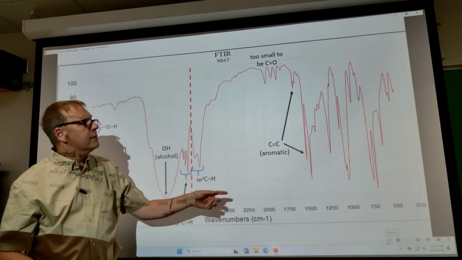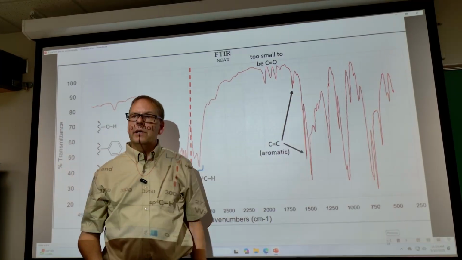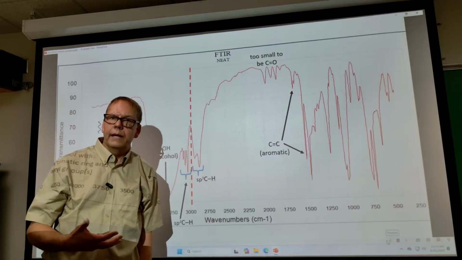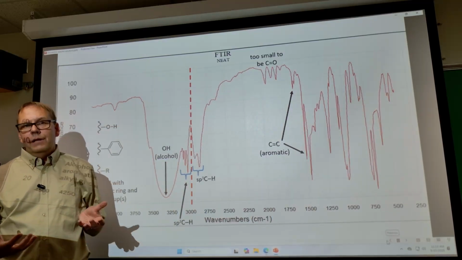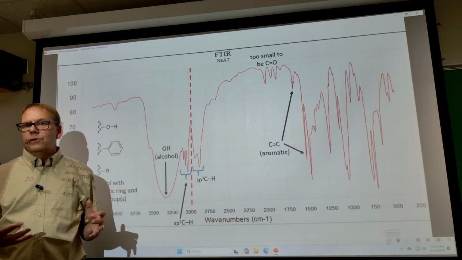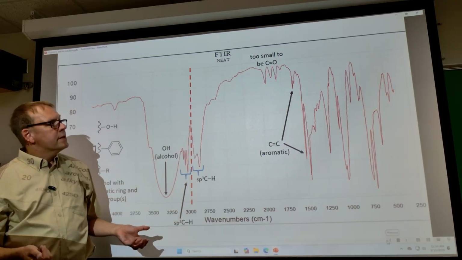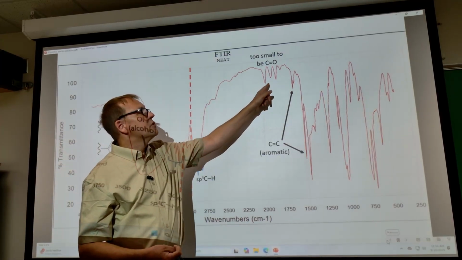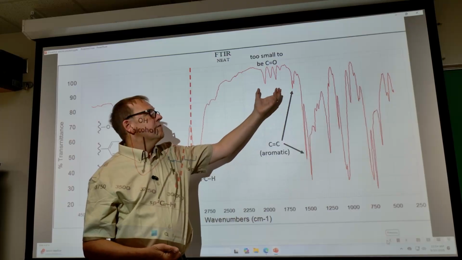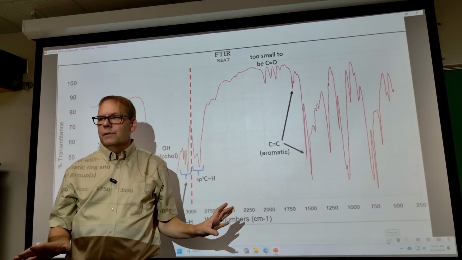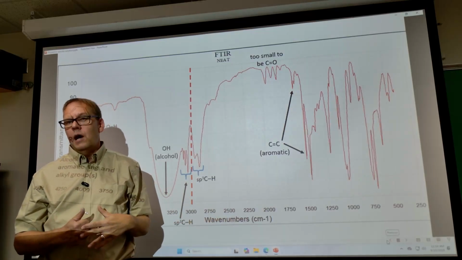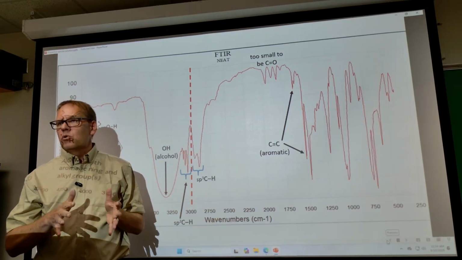So I'm more likely to look at this peak and say, yeah, that's probably a C double bond C aromatic type absorption. So it's hard to know for sure whether to look at it or not. But one of the things I do know about C double bond O's is that they're supposed to be very strong. So the fact that these are weak means I'm more likely to just ignore them, because that's not what they're from. They're from a bending motion of the molecule.